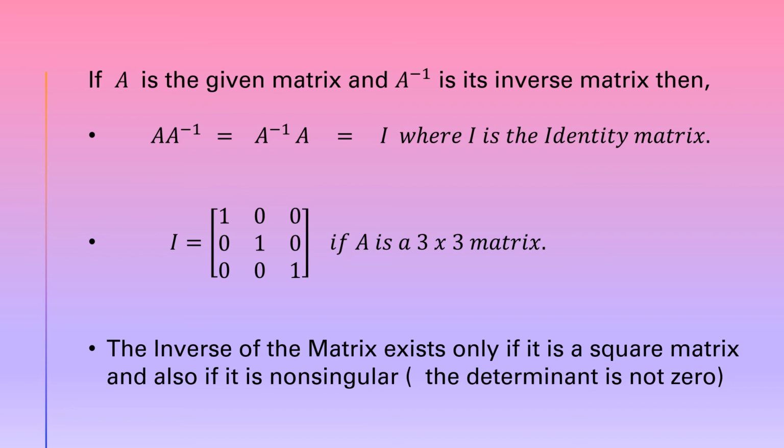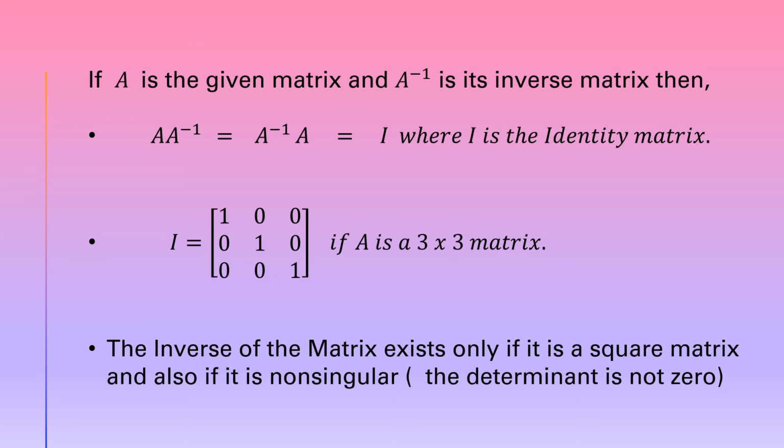Also, the inverse matrix will exist only if the given matrix is a square matrix and also if the matrix is non-singular. A matrix is said to be non-singular if the determinant of that matrix is not 0. It is a separate concept.